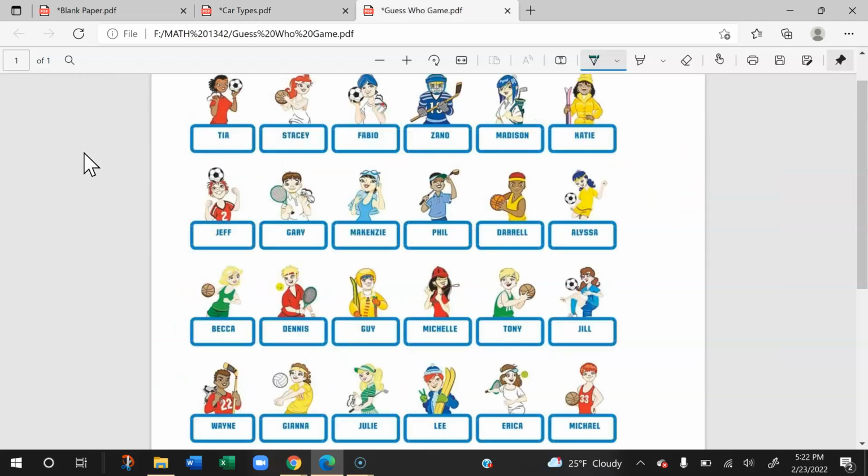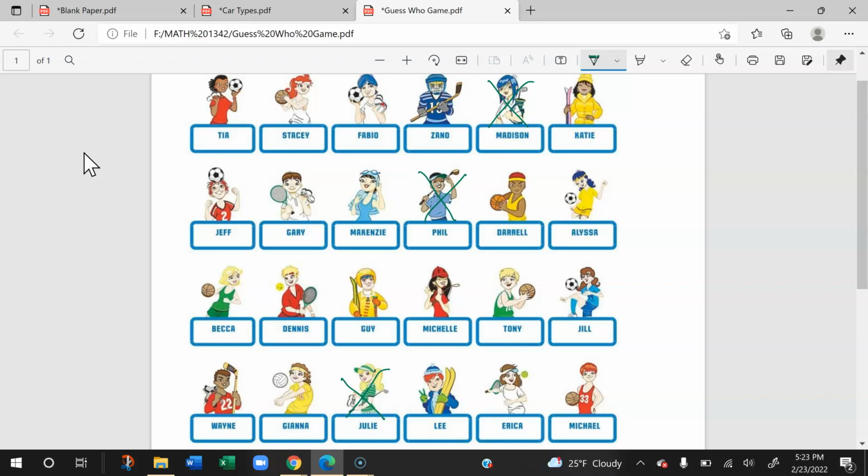This is the prime example of a Guess Who game, because you start out with all of your possibilities, and then you ask yes or no questions. Does the person play golf? No. Okay, so I can mark Phil off, I can mark Madison off, I can mark Julie off.